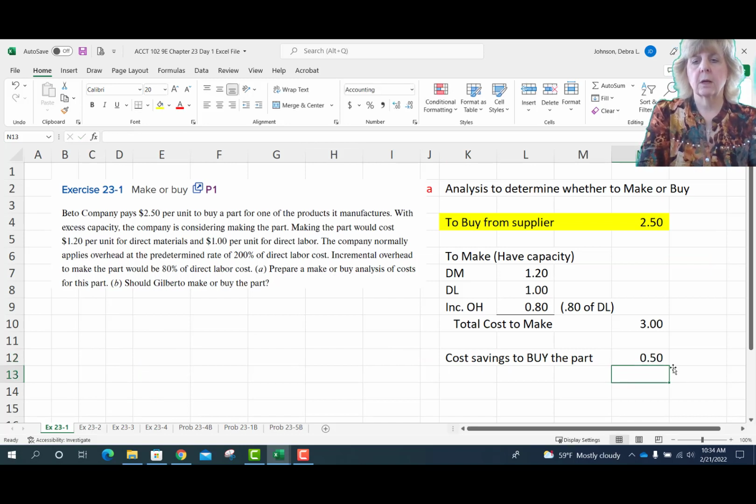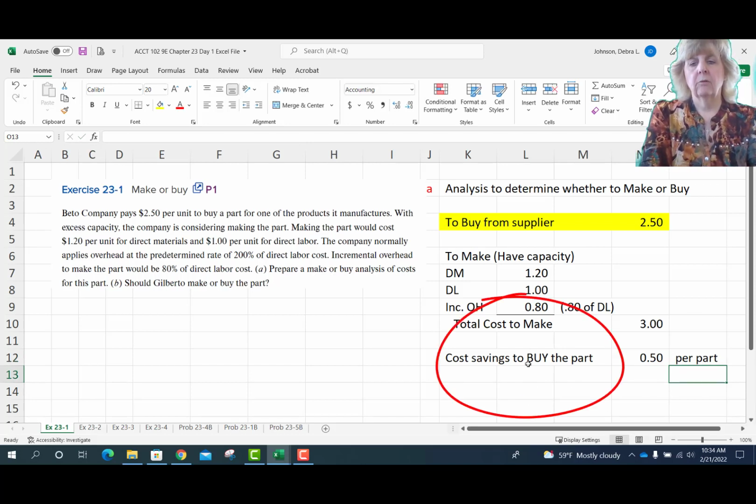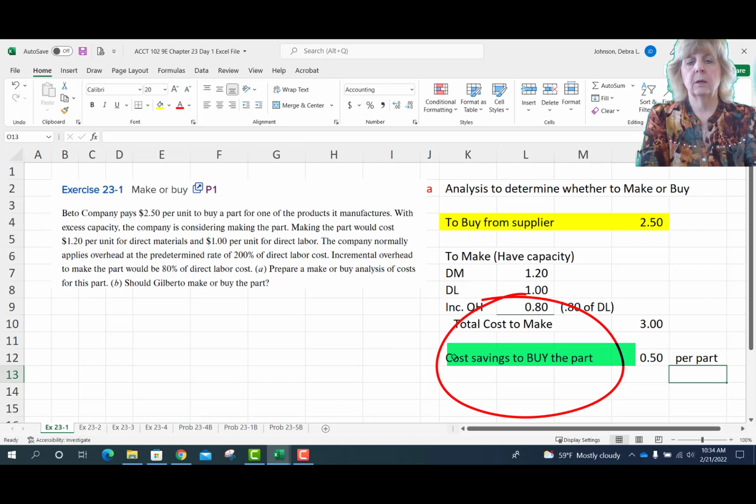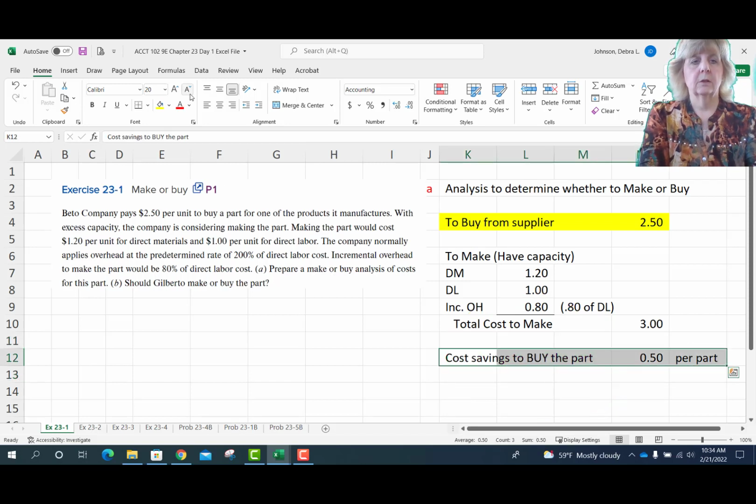And I'm going to make sure that I recognize that is per part. And again, include your answer in the last line of the problem so there's no question about what the correct answer would be.